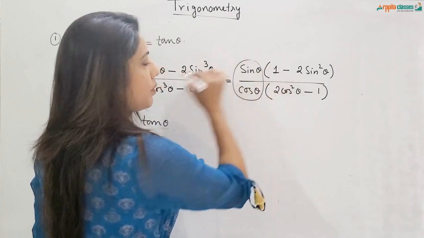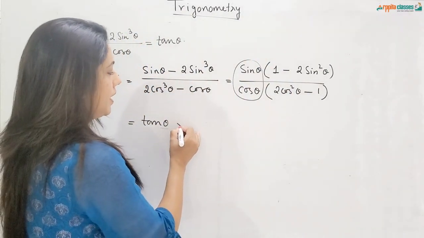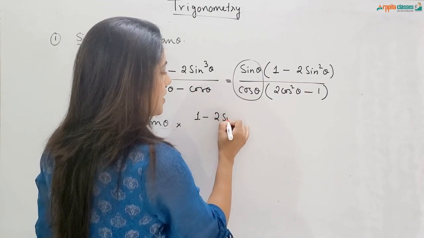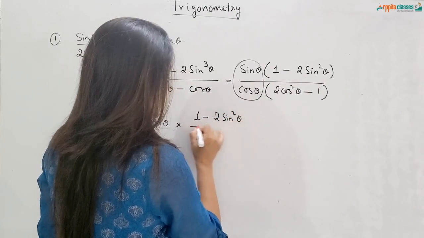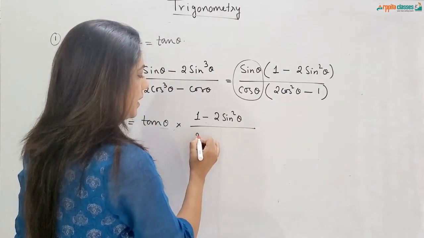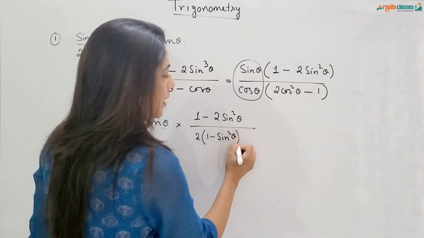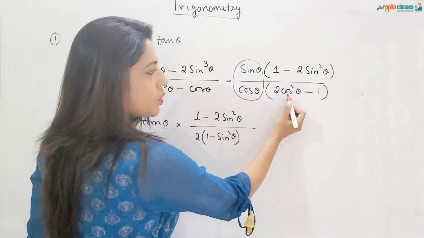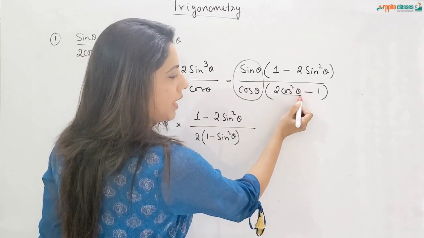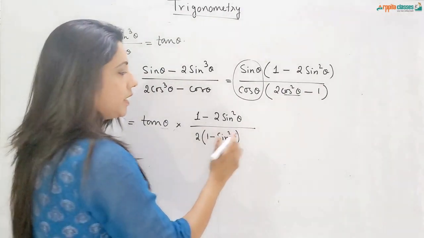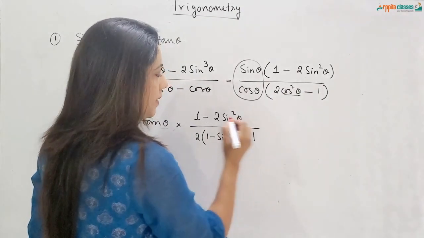For sin theta upon cos theta I am writing tan theta, into 1 minus 2 sin square theta as it is. Down, for cos square theta I am writing 1 minus sin square theta. See what did I do? I just wrote 1 minus sin square theta in place of cos square theta. So 2 whole into 1 minus sin square theta, minus 1.